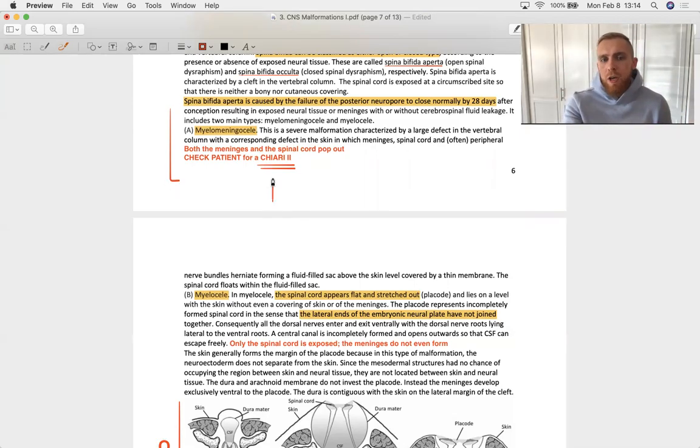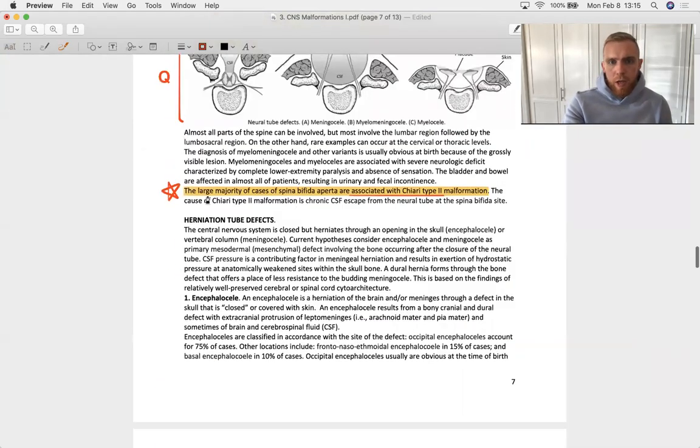So if you have a Chiari 2 malformation, it is highly likely that you also have a myelomeningocele down in your lumbosacral spine and vice versa. That's really what they want to ask you about this pathology. Here it is in the text.